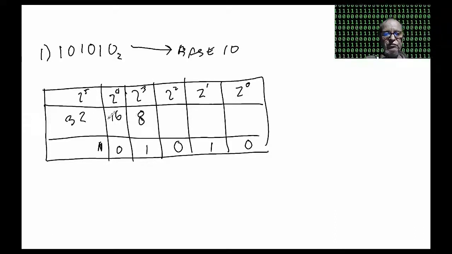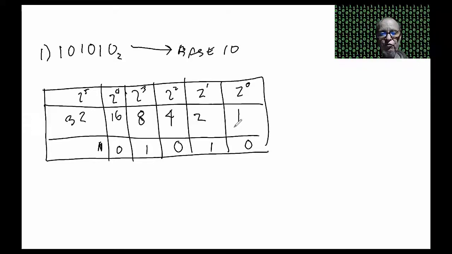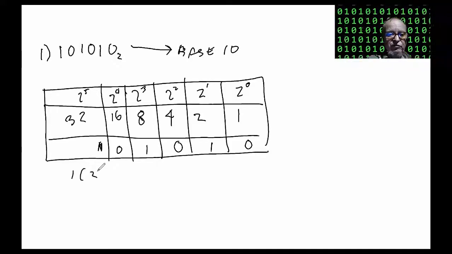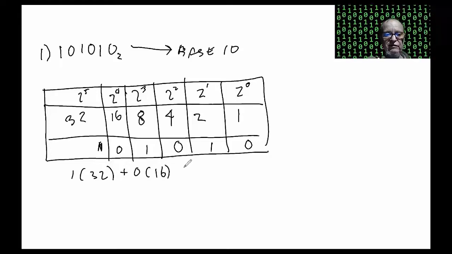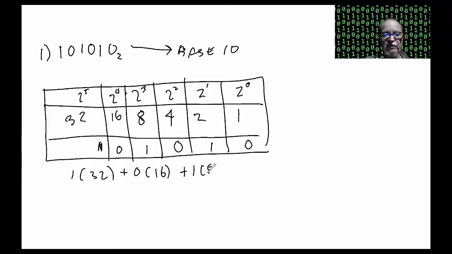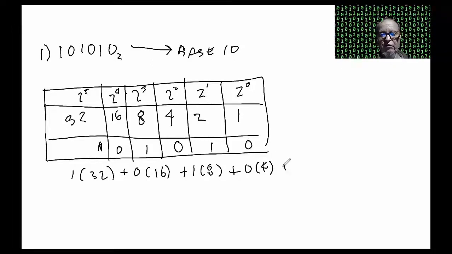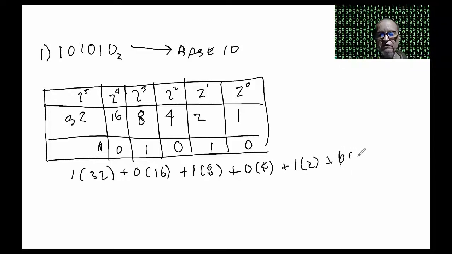So that's the 32s, 16's, 8, 4, 2, 1. And so this is 1 times 32 plus 0 times 16 plus 1 times 8 plus 0 times 4 plus 1 times 2 plus 0 times 1.